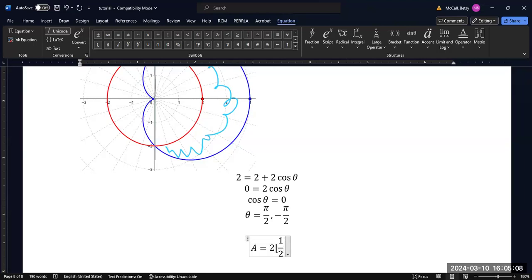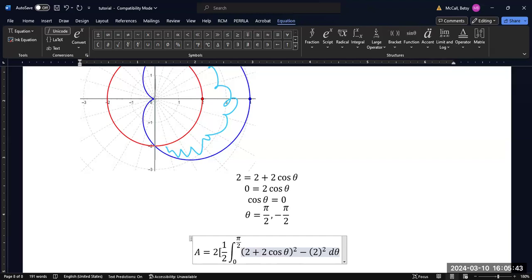And then we have 1/2 integral. We're going to go from 0 to pi over 2 to do the top half of the region. The outer curve is the cardioid, and then we square it, and then we subtract off the area of the inner curve, also squared.